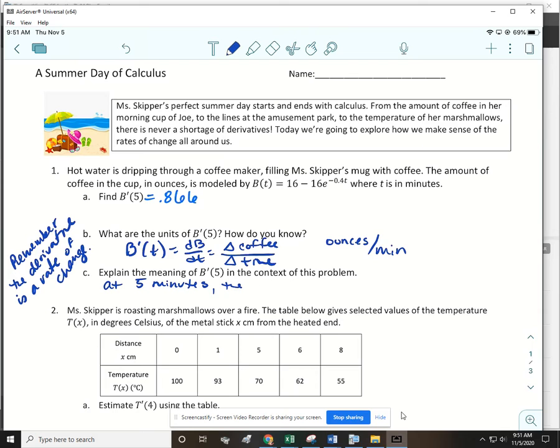So the amount of coffee is, and then since this rate is a positive value, the amount of coffee is increasing at a rate of 0.866 ounces per minute. Right. And like I said, we're going to practice that on almost every single problem we do today.